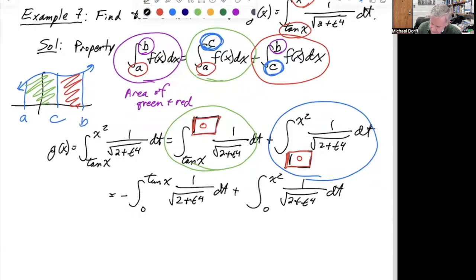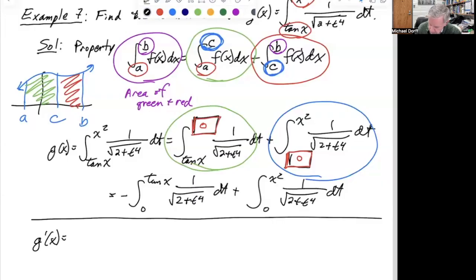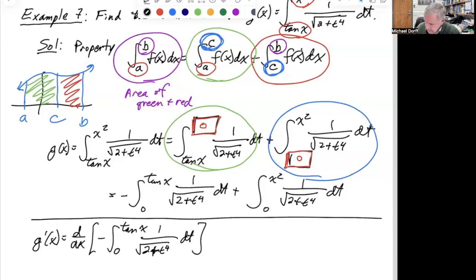Okay, so when I take the derivative here, g prime is going to equal the derivative d dx of the first integral, the negative of the integral from 0 to tan x of 1 over the square root of 2 plus t to the fourth dt, plus the derivative of the integral from 0 to x squared of 1 over the square root of 2 plus t to the fourth dt.